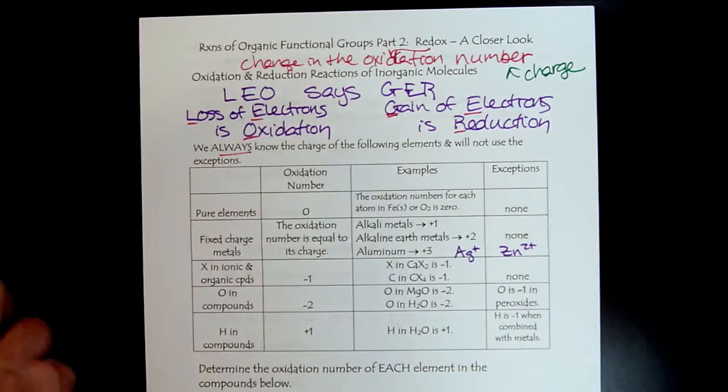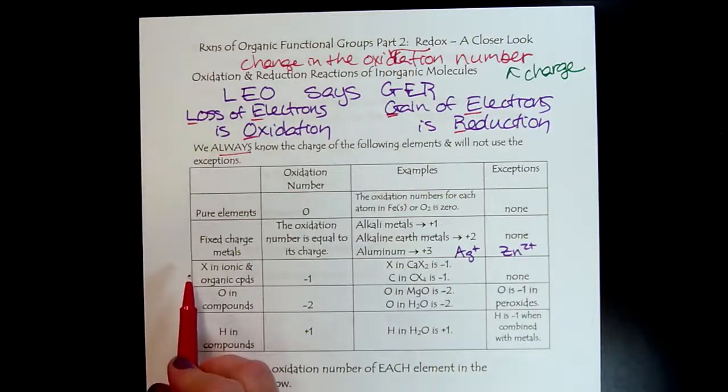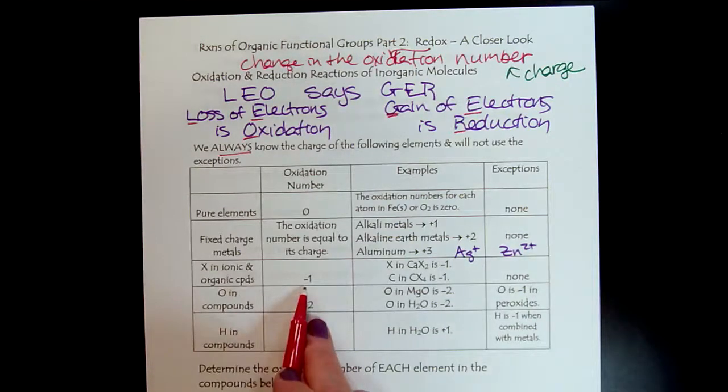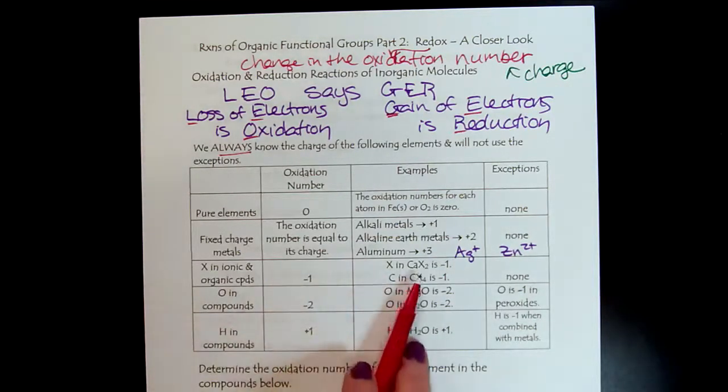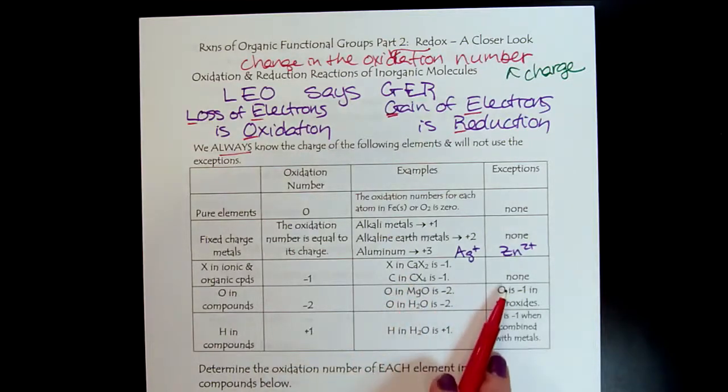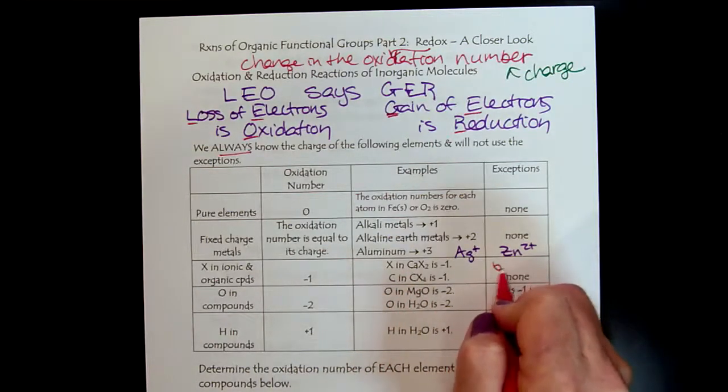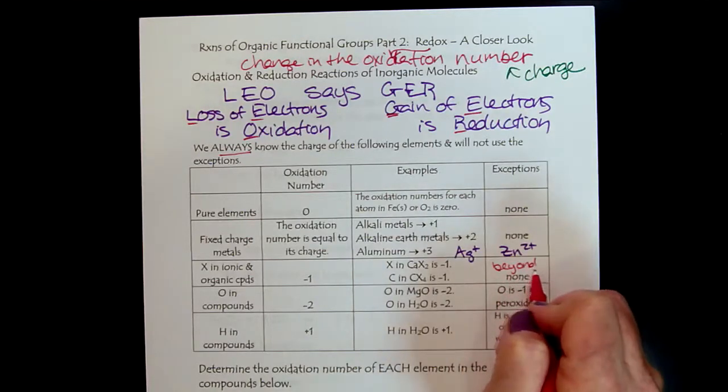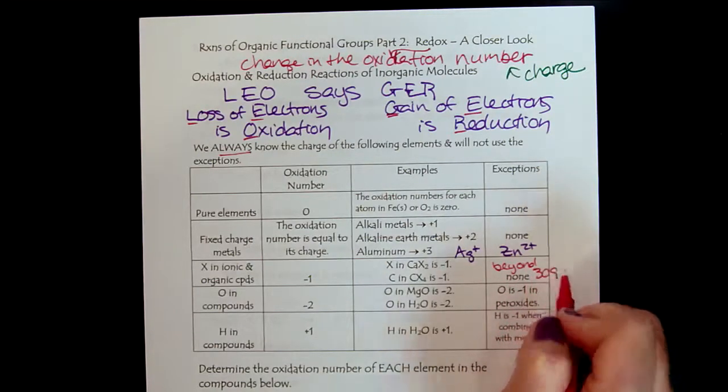And then halogens. Remember X is halogens, that's the 7th group. Those are always -1 for our course because we're going to only look at halogens when they're in ionic compounds or bonded to carbon. There are exceptions here beyond Chem 309, but we're not going to worry about those.